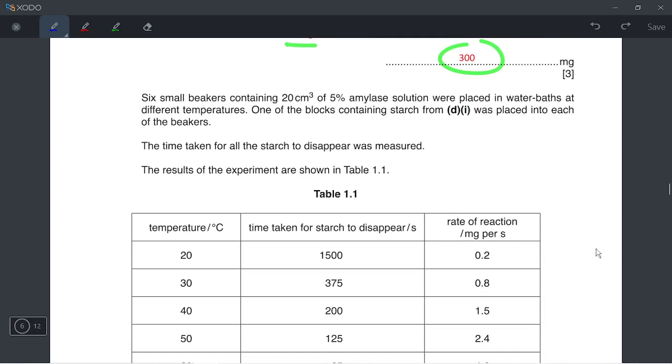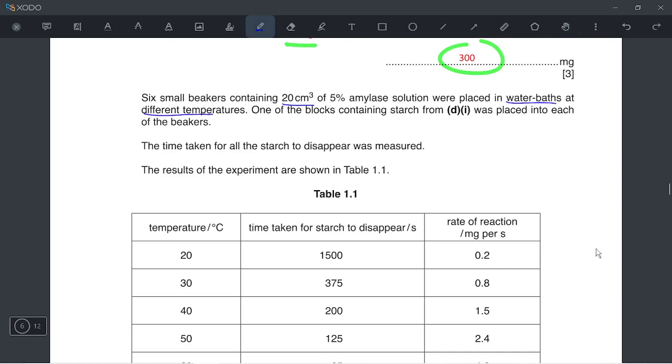Now, 6 small beakers containing 20 cc. This is the volume of amylase solution. 5% amylase solutions were placed in water bath at different temperatures.